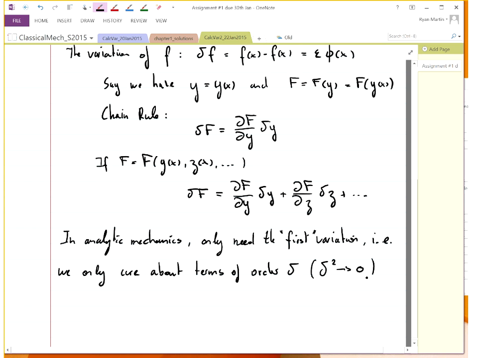So any term that's in delta squared, we'll say they go to 0. So this chain rule involves, if you remember, Taylor series expansion. And in that Taylor series expansion, we dropped the second order terms in delta. So that's most of what we need for the formalism of variations.